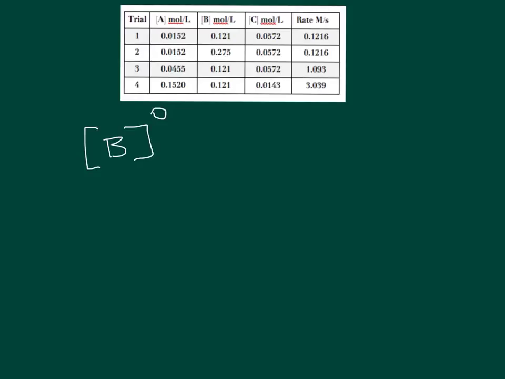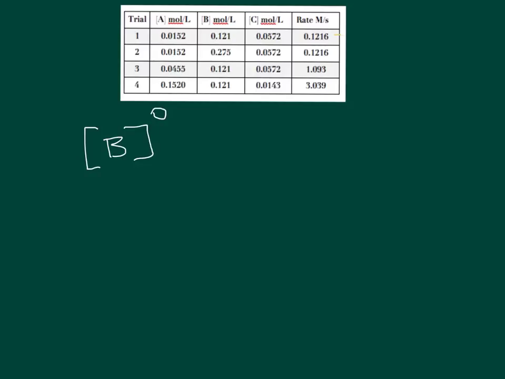Next, I'll compare trial 1 to trial 3. In trial 3 and trial 1, concentration of B and concentration of C have remained the same, but the concentration of A has approximately tripled. The rate has changed, so we know that A does have an impact on the rate.